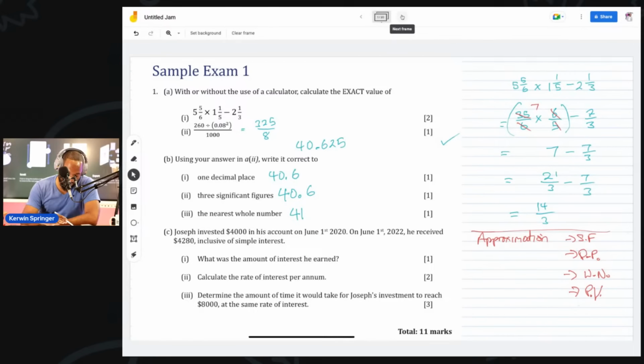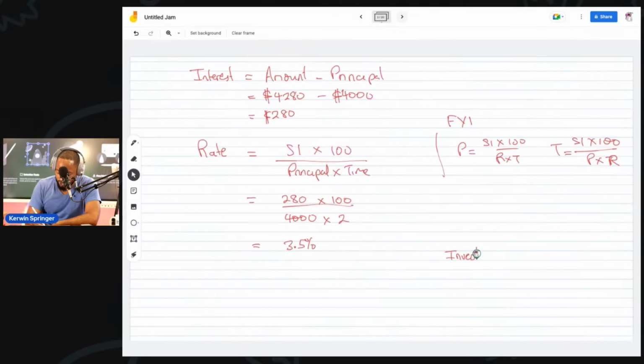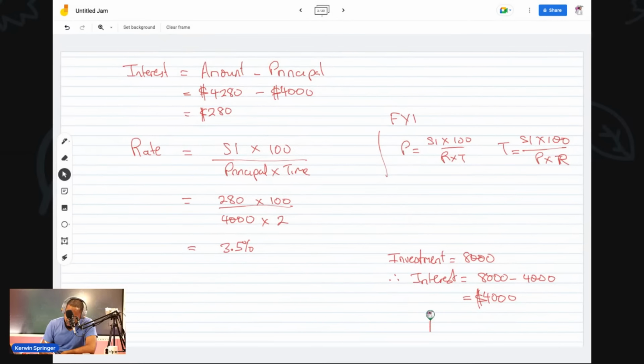If the investment equals 8,000, what's the interest? Therefore, the interest is the amount, 8,000 minus the 4,000, which is 4,000. So with this new interest, the same rate of 3.5%, we want to work out the time.